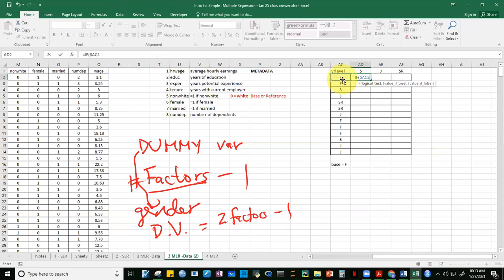If you fix natin yung column, kasi dapat dito lang siya, no? If that is equal to this, dapat naka-fix yung row. Value 1. Otherwise, 0.